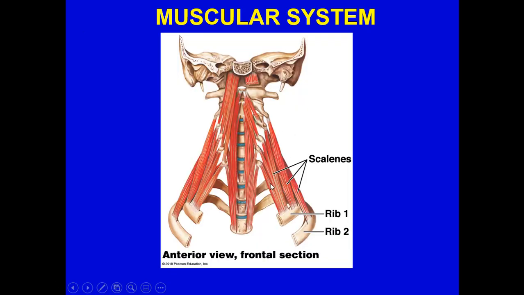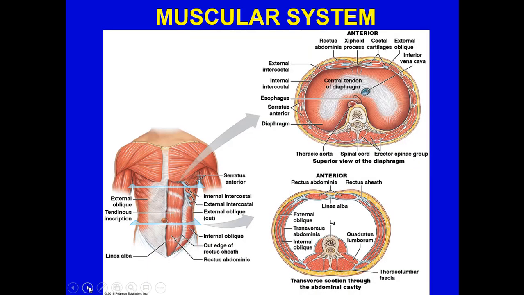Here is an example of the scalenes, and notice that they're attached very early to the ribs, rib 1, rib 2, okay? Then you move into the flattened muscles. The anterior you would see here, you would have, of course, external intercostal, internal intercostal, serratus anterior.